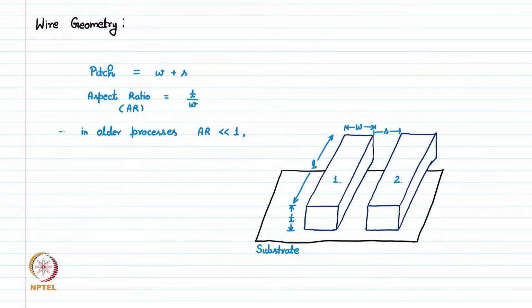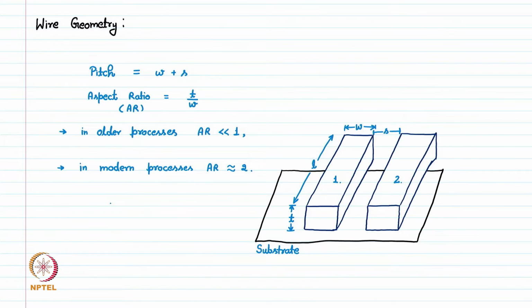However, in modern processes, this AR is typically 2. So this is how the wire actually looks.